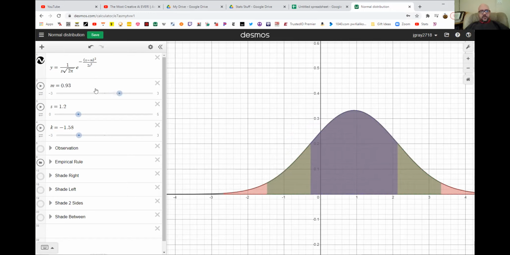Let's make it 1. So my mean is 1 here. Now 1 standard deviation away from the mean is 1.2 above 1, or 2.2, right? And 1 standard deviation below the mean is 1 minus 1.2, or negative 0.2, right? So that's what I mean by measuring in standard deviations away from the mean.